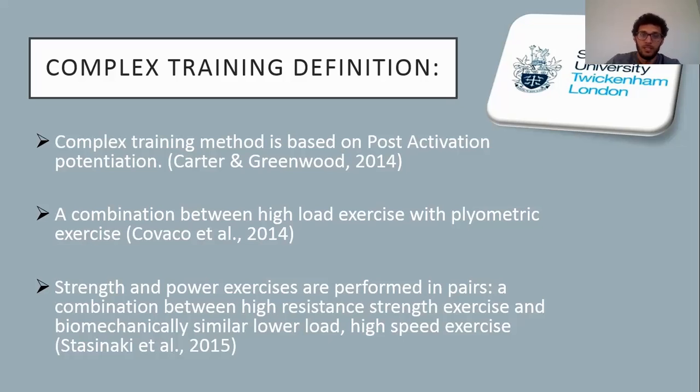Following these two definitions, we can say that complex training is alternating strength and power exercise sets within the same workout. For example, alternating between the back squat as a high load exercise and the jump squat as an explosive or plyometric exercise, which is biomechanically similar to the back squat.